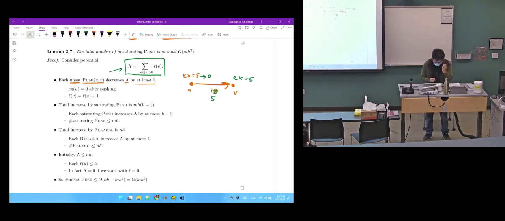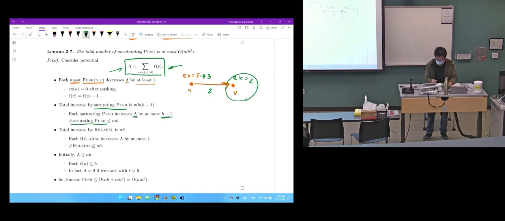So let's see. How about saturating pushes? Each saturating push can increase this potential by at most h minus 1. If this is 2, then after moving, this is going to be 3 and this is going to be 2. So this is just one new node with excess. You add one more term into the sum, but that can be at most h.